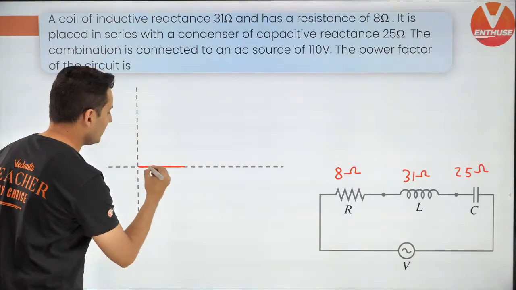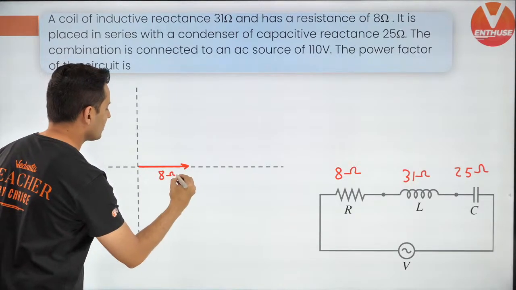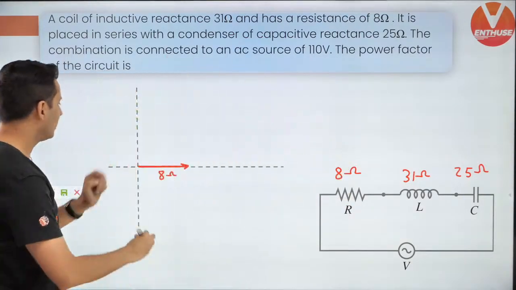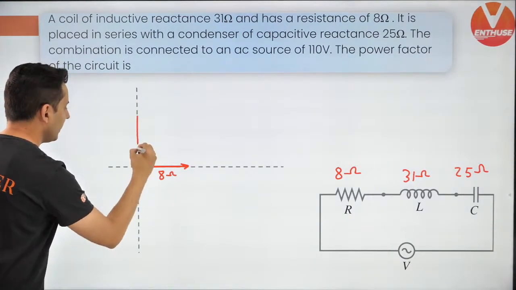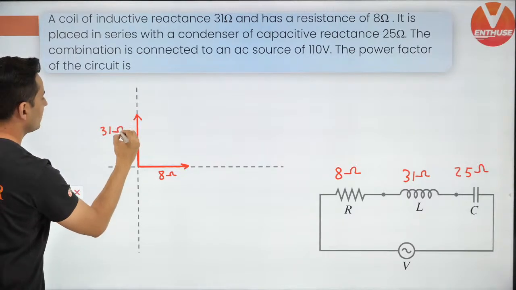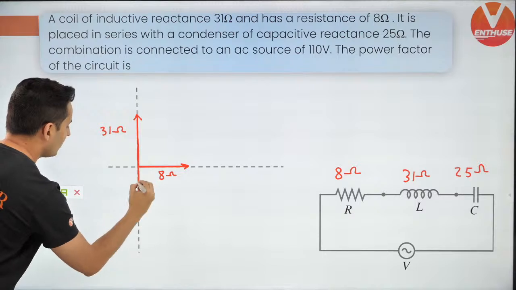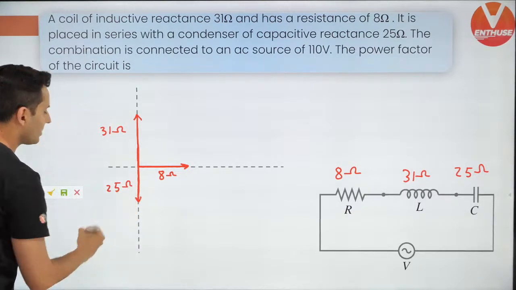Resistance is always going to be here in LCR circuit. So this is going to be 8 ohms. Cool. Love is above everything. So L comes on the top. So you will have L over here. And how much is that? 31 ohms. Capacitance is going to be here. So it's going to be like this. And that is going to be 25 ohms.